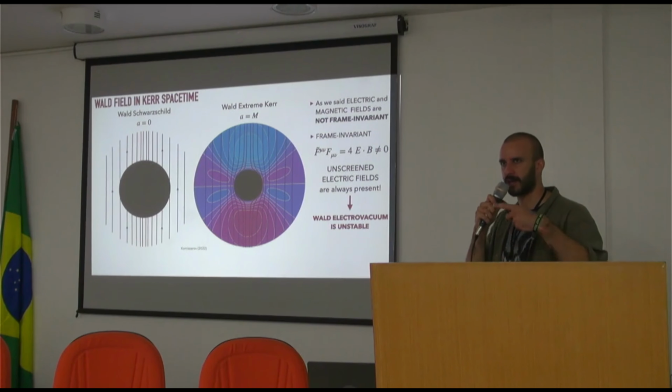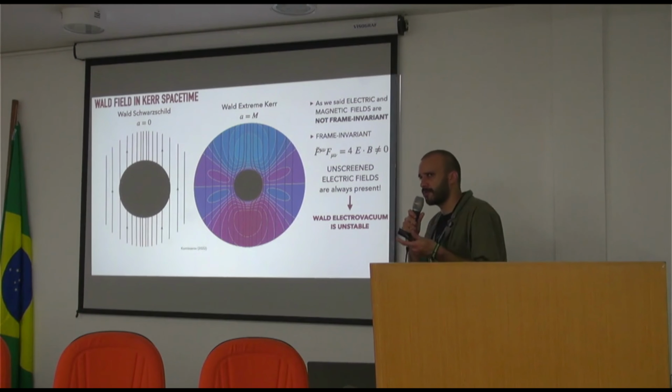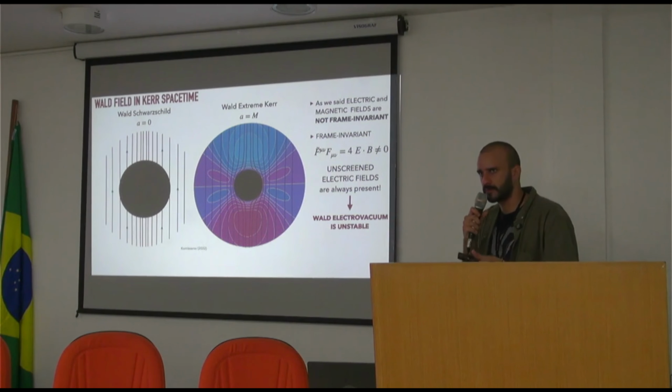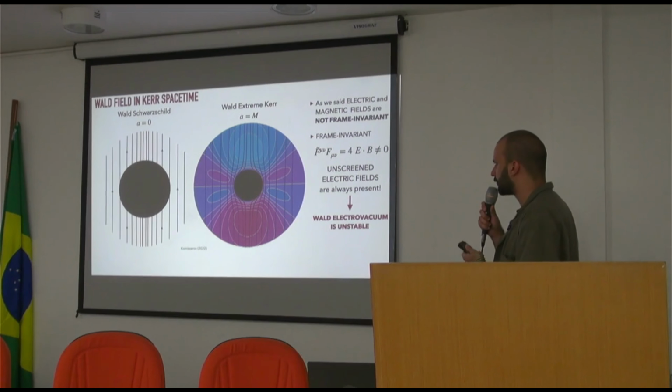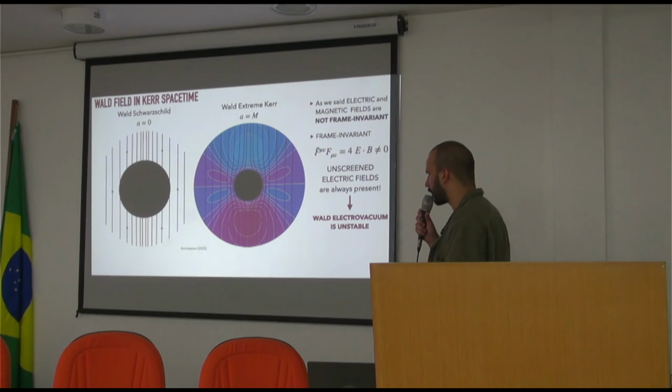And this is the main, I would like not to say problem, because it's not a problem, it's just a feature of the Wald solution. Because if we generate an unscreened electric field, then this solution is unstable, precisely for the same reason that I was telling you before about the potential drop.